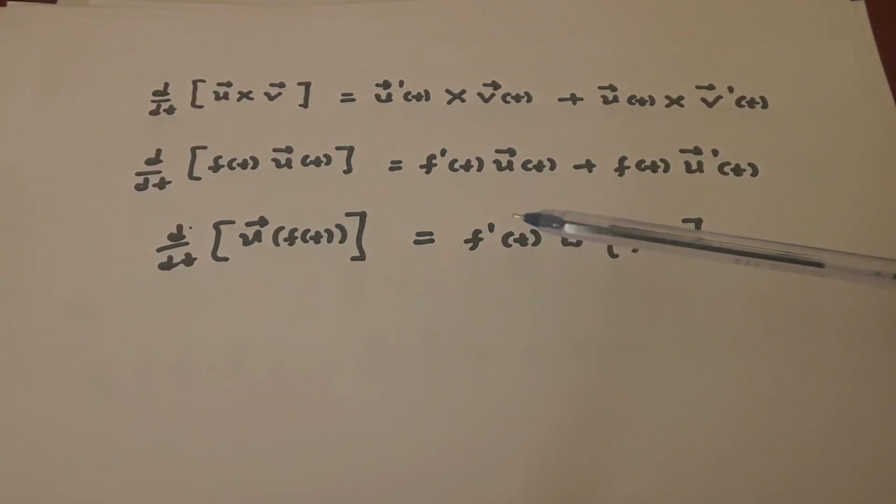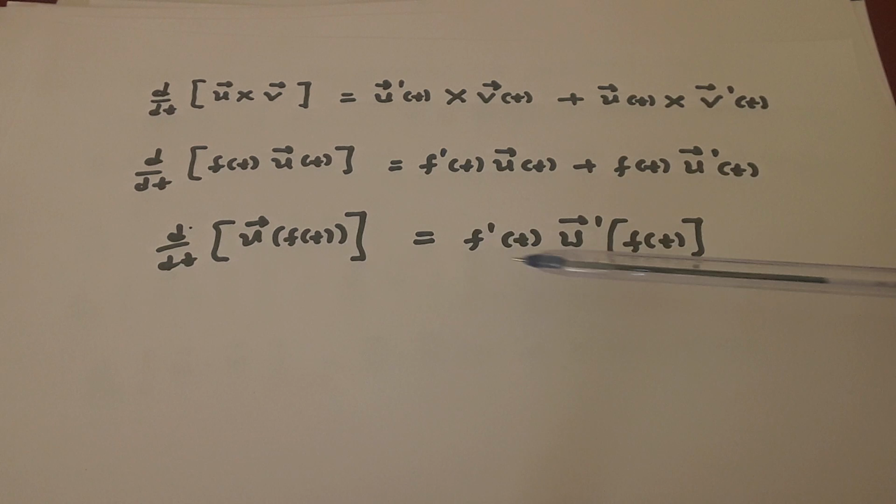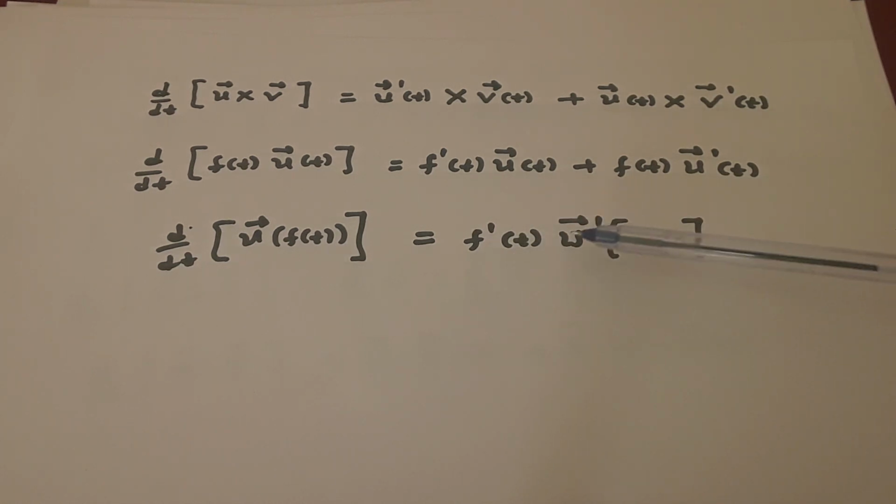The same is true for the composite function u(f(t)): we have f'(t), the derivative of the inner function, times the derivative of the outer function evaluated at f(t). So those are the basic properties, which you can prove using the definition.